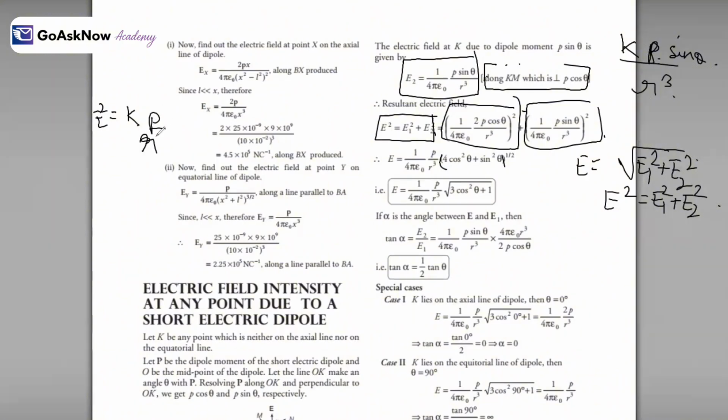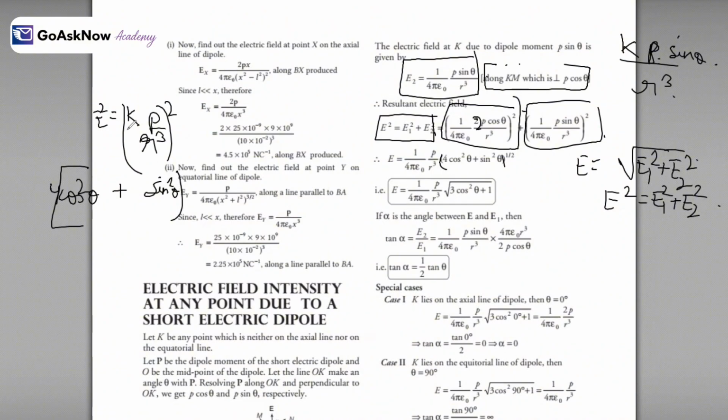So p by r cube you have taken common here. That will be the square of this. Then inside the bracket you have the remaining cos square theta term, plus, 4 cos square theta will be remaining here because the 2 is also here, so 4 cos square theta. And here you have the sin square theta term remaining.